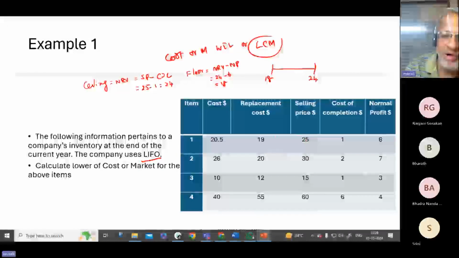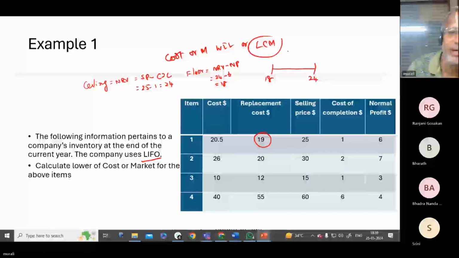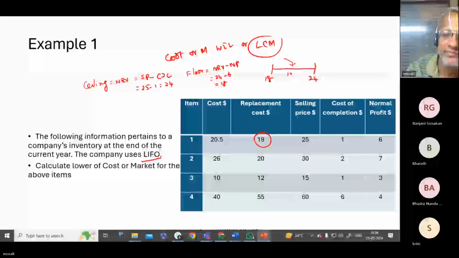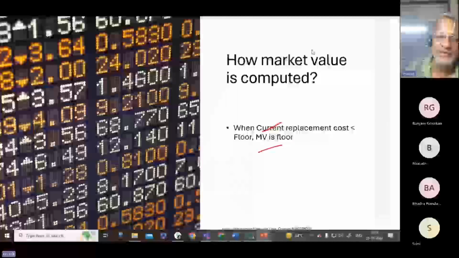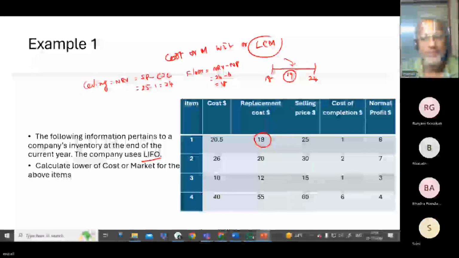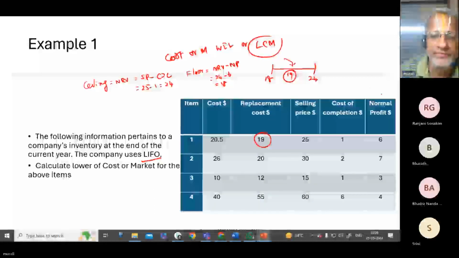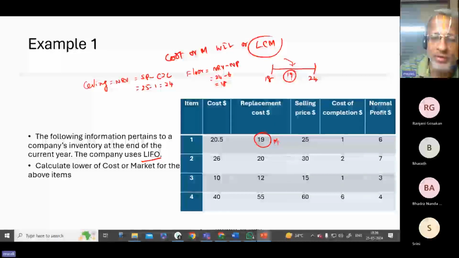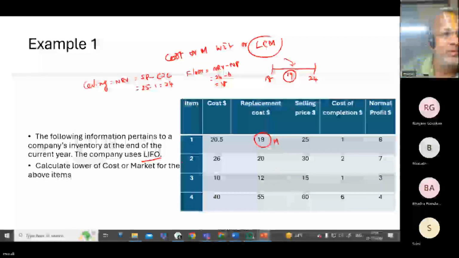Your current replacement cost is 19. Go back to this: when current replacement cost is between floor and ceiling, then current replacement cost is the market value. The answer is 19. So this is going to be market value. Are you understanding? This is for item number 1.